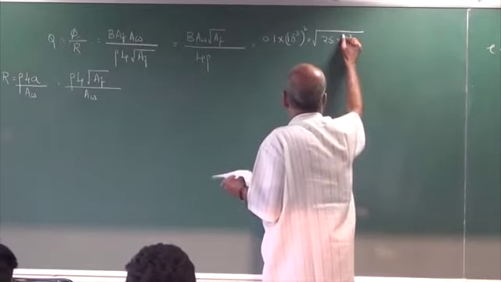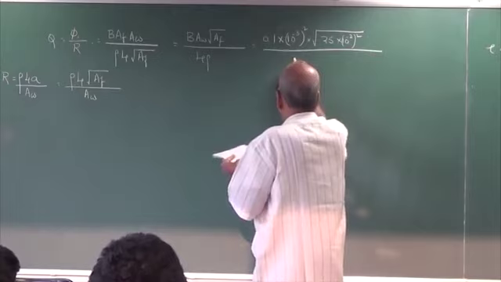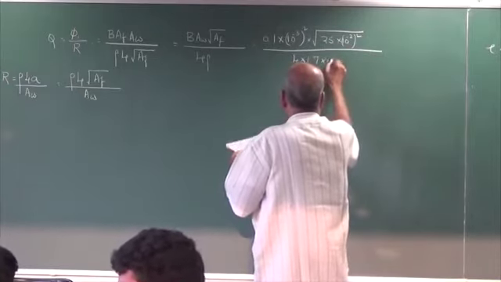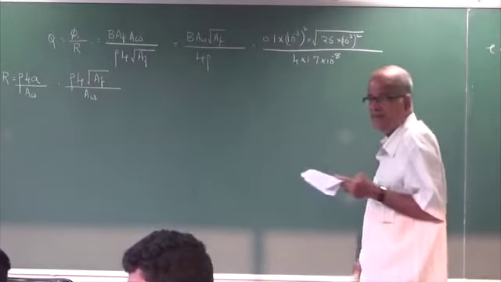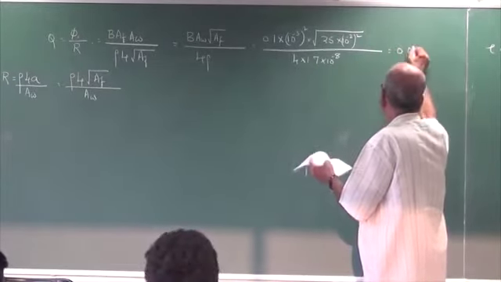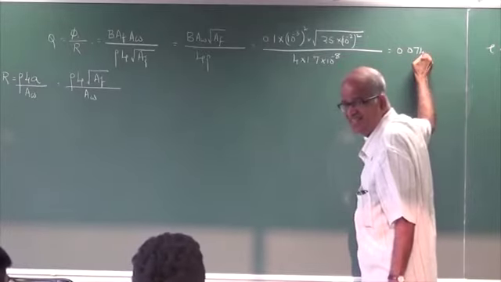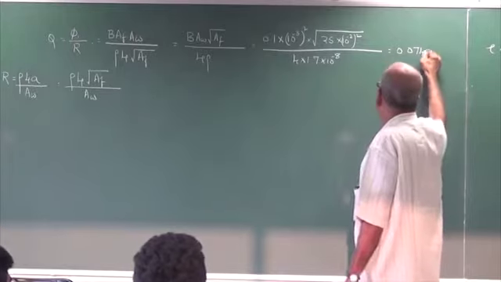You must convert it into meter square, divided by 4 into 1.7 into 10 to the power of minus 8. You simplify this at home, you will get the answer as 0.074. What is the unit? Coulomb.